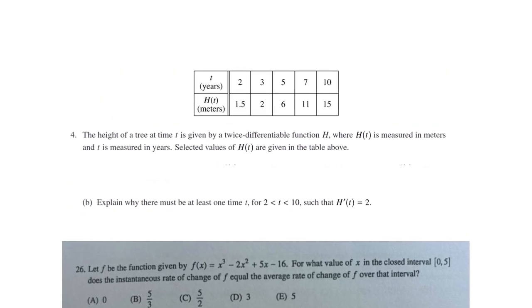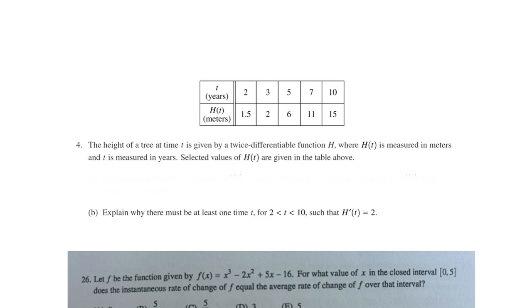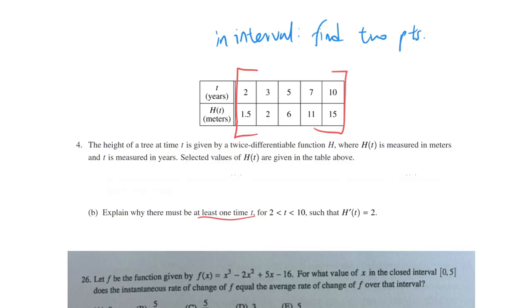So for example, here, this is actually a little bit more difficult than the previous one, because instead of giving the range, it gives you a general range, and it asks you to say why there must be at least one time such that this is 2. And usually the way to do this is you find in this interval, you find 2 points that have a secant slope of 2, right?